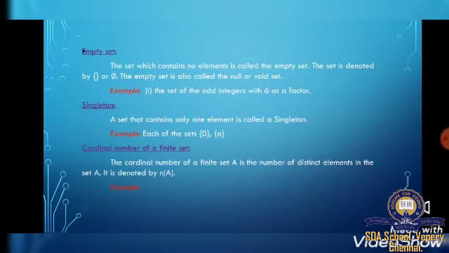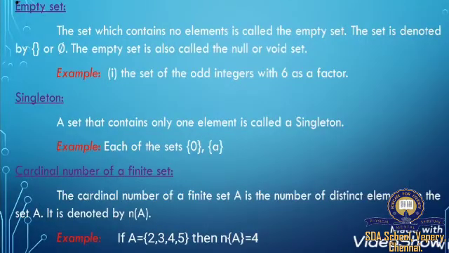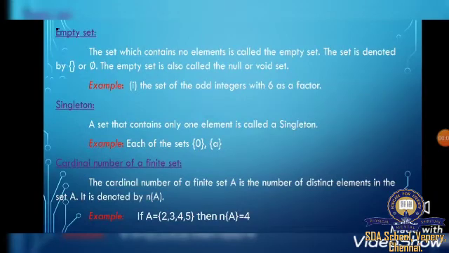The cardinal number of a finite set A is the number of distinct elements in the set A. It is denoted by n(A). For example, if A is {2, 3, 4, 5}, then n(A) is equal to 4.